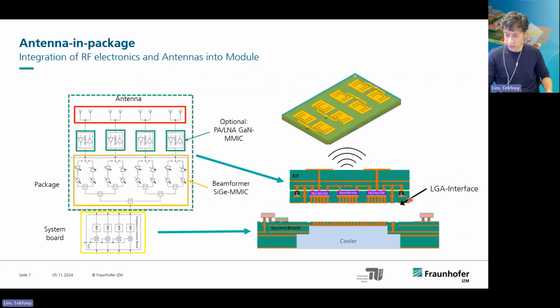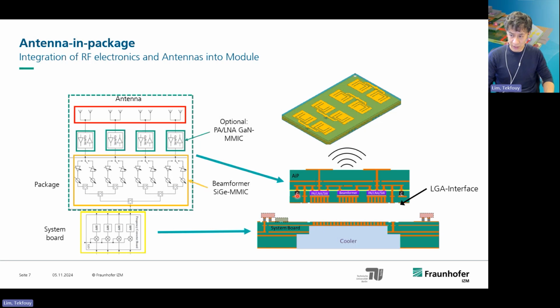How can we use this technology for 5G and 6G applications? It is used for antenna in package configurations, where we have the different ICs within the package. Below the different ICs we have the heat dissipation, to make sure that the heat can be cooled down in the system board.